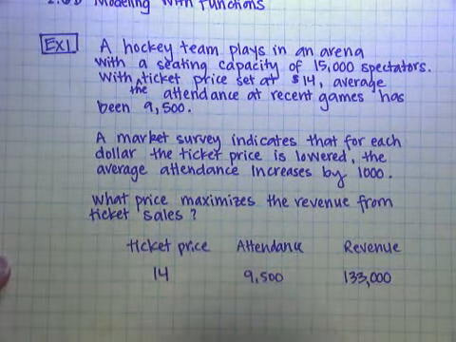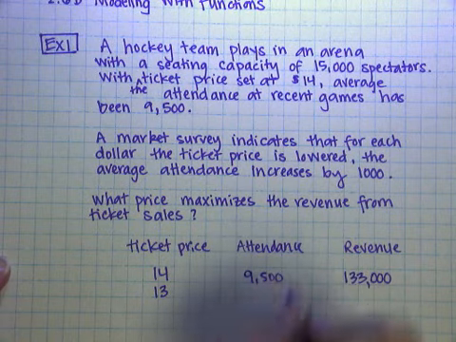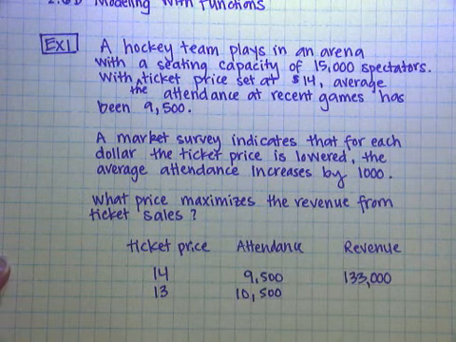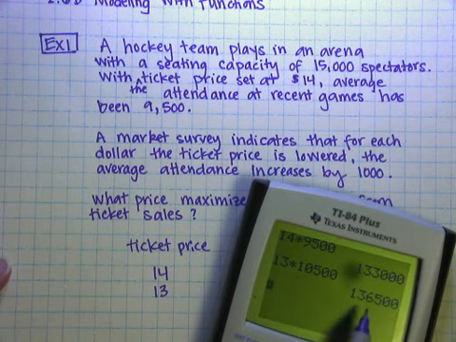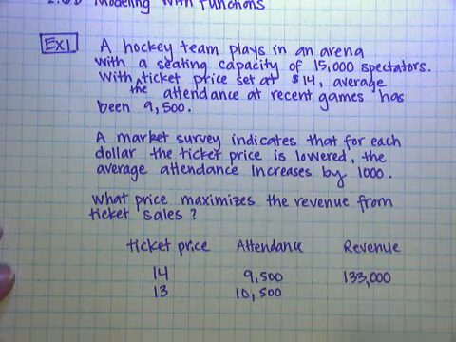Now if I lower the ticket price by $1, my average attendance is going to go up by 1,000, so now it's going to be 10,500. And my new revenue is going to be 13 times 10,500. So now I'm making a little bit more money because I've lowered the price, but more people are coming, and so it's making up for that. That's $136,500.